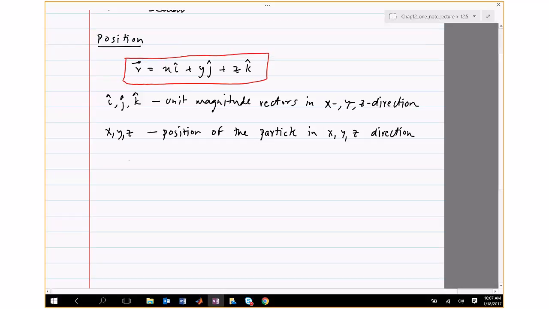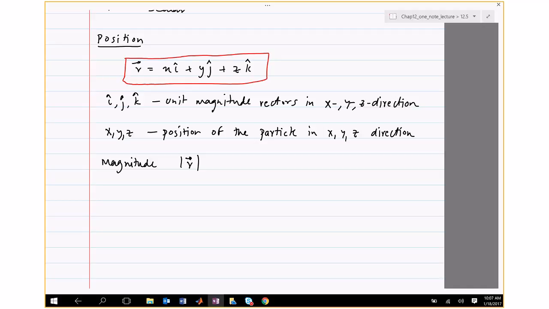So the magnitude of the vector, I'm going to denote it by this thing. R with an arrow is the vector, and the 2 vertical lines there denote the magnitude.